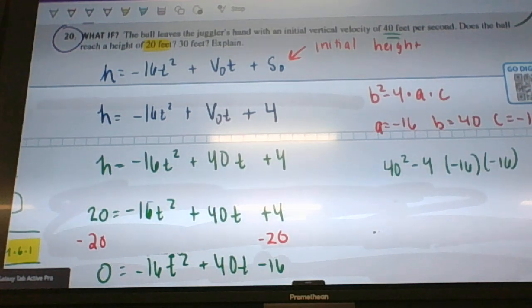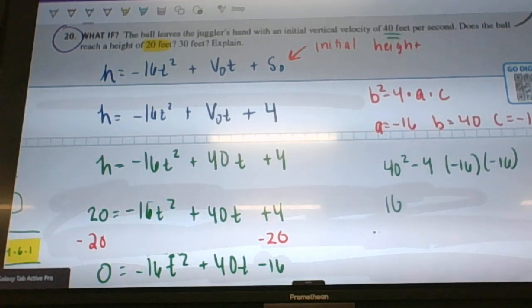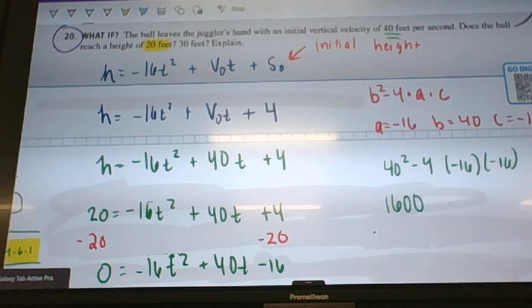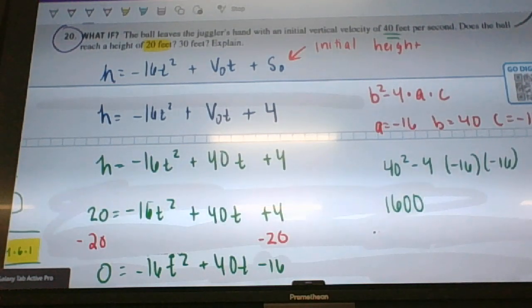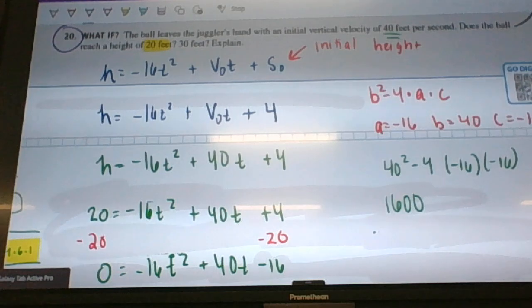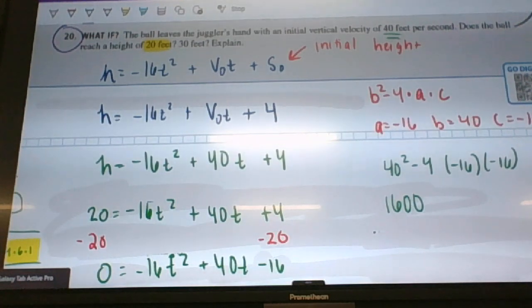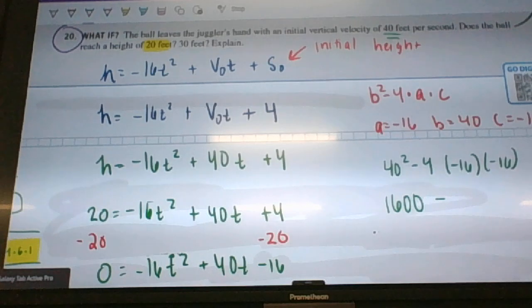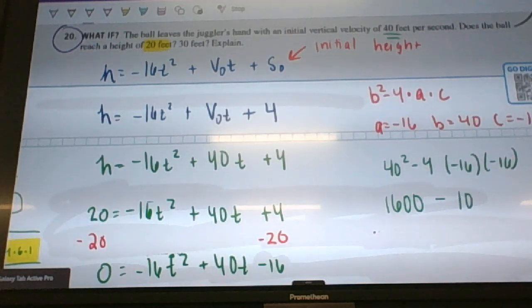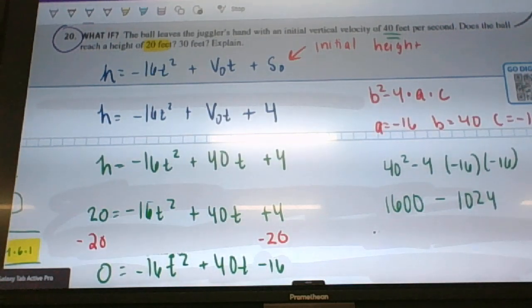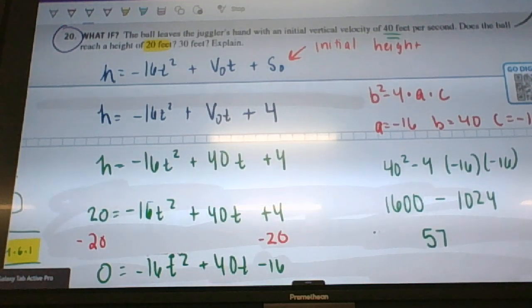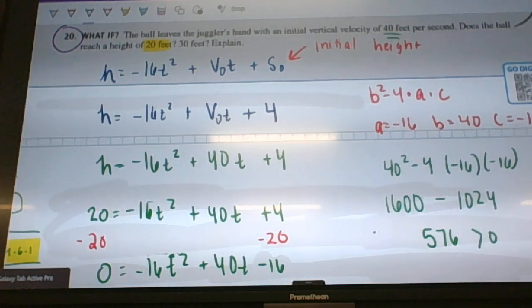This is 1600. What is it? So what's 4 times 16 times 16? 1024? Yeah. And then that answer is 576. 576 is greater than 0.